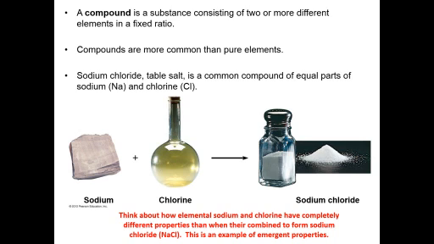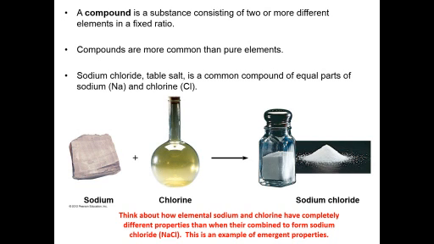One example is sodium chloride, table salt. So think about what's used to make table salt. Well, sodium as an element and chlorine as an element. Sodium is a naturally occurring solid. We have to extricate it from rocks. Mines. We have to mine for it. We have salt mines.